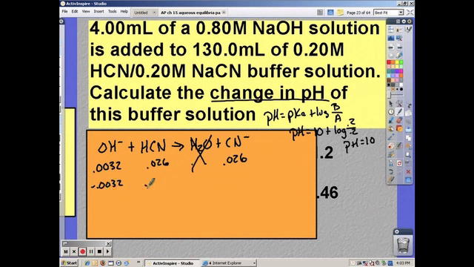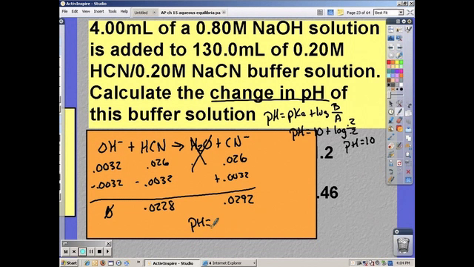React to completion. We get 0.0228 and 0.0292. We're left with a buffer, so we can do Henderson-Hasselbalch.